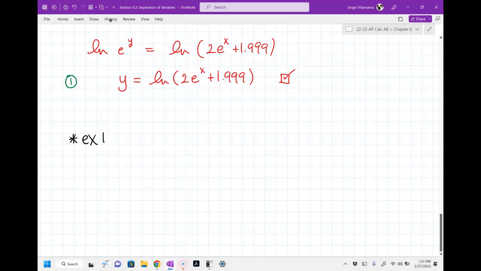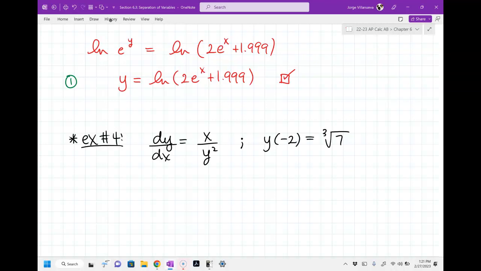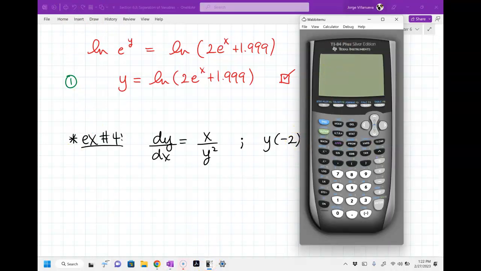So example number 4. dy dx is equal to x over y squared. And our initial condition, y of negative 2, is equal to the cubed root of 7. So let me just find out what the cubed root of 7 is.